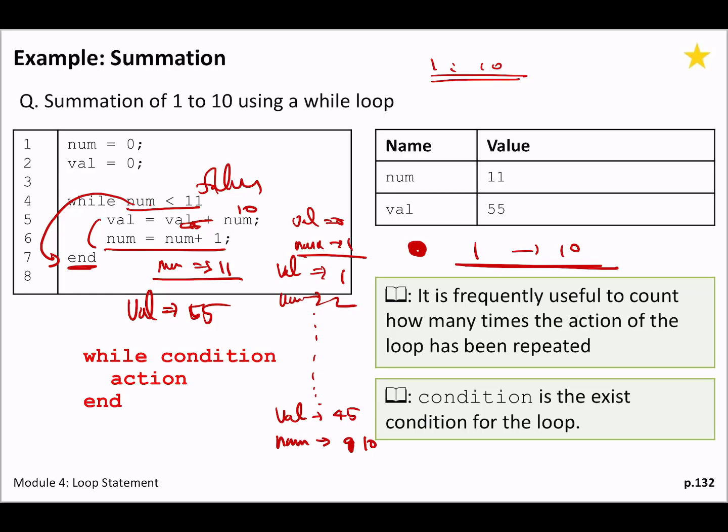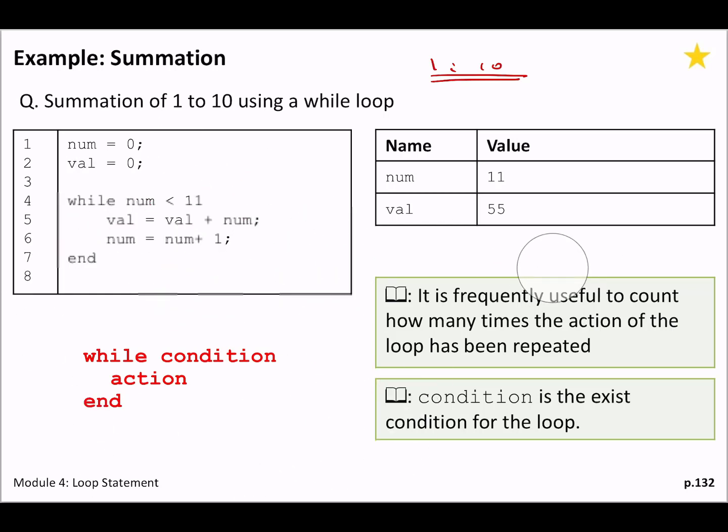So if you see this one, basically, in the previous case, the condition statement was used to determine whether the code executes the action statement. But in this case, the condition statement is the exit condition for the loop. Okay, the concept is a little bit different.